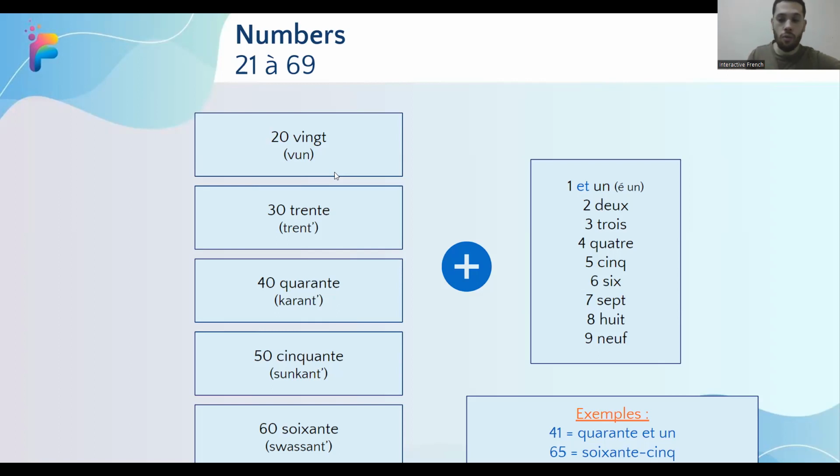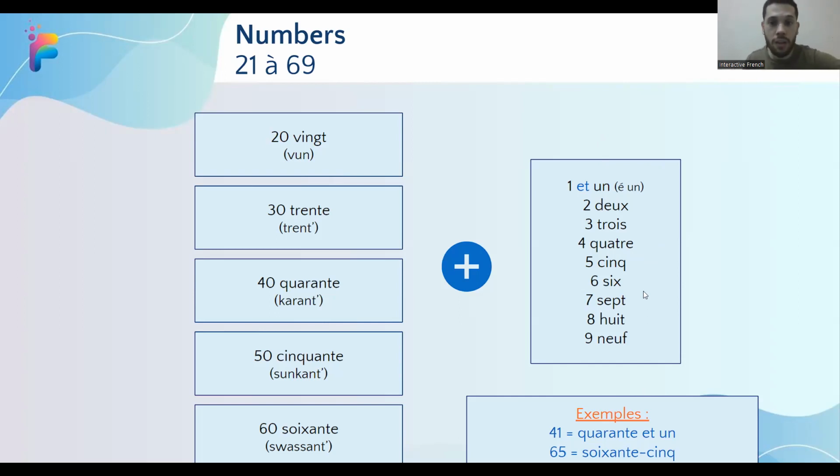We basically just take the number on the left, and then we add the number to the right. 31, 32, 33, 34, 35, same for 30. 45, 46, 47, 48, 49, same thing with 40. 51, 52, 53, 64, 65, 66, 67.